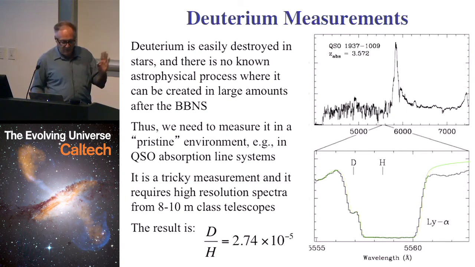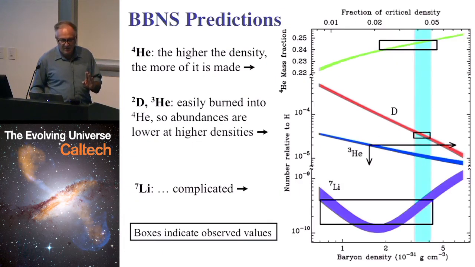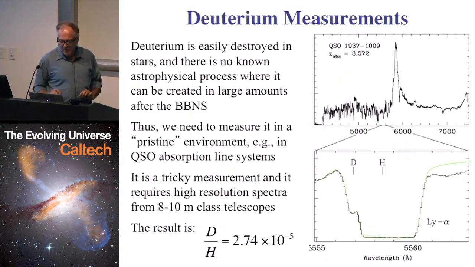From the spectrum and modeling of the spectrum, you go back to this diagram and read off the baryonic density that corresponds to that ratio of deuterium to hydrogen. This is actually a pretty safe way of doing it. It's not easy, but it's safe.